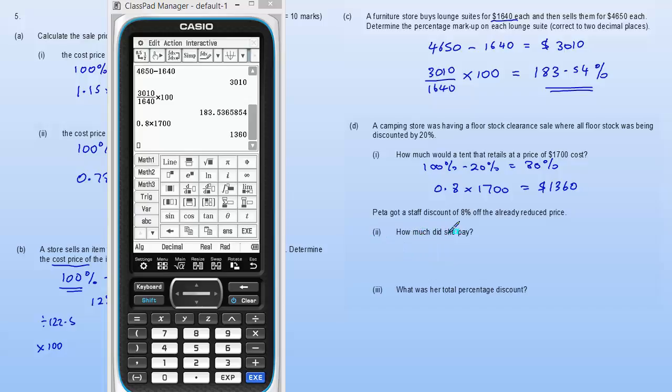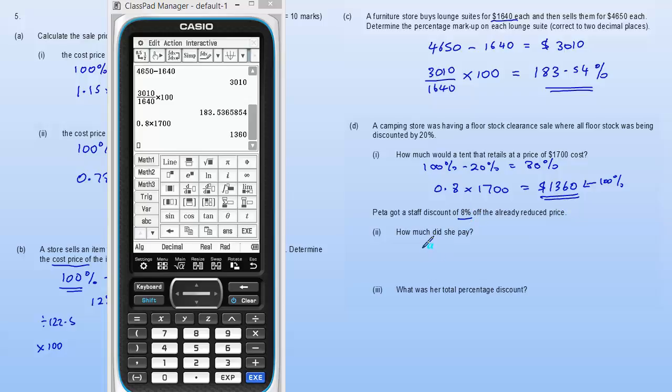Peta got a staff discount of 8% off the already reduced price, so that's this price here. So she's getting another 8% off. If she's got 8% off of this, remember we'd consider this to be 100% now for this next calculation, then she's going to pay 92%.